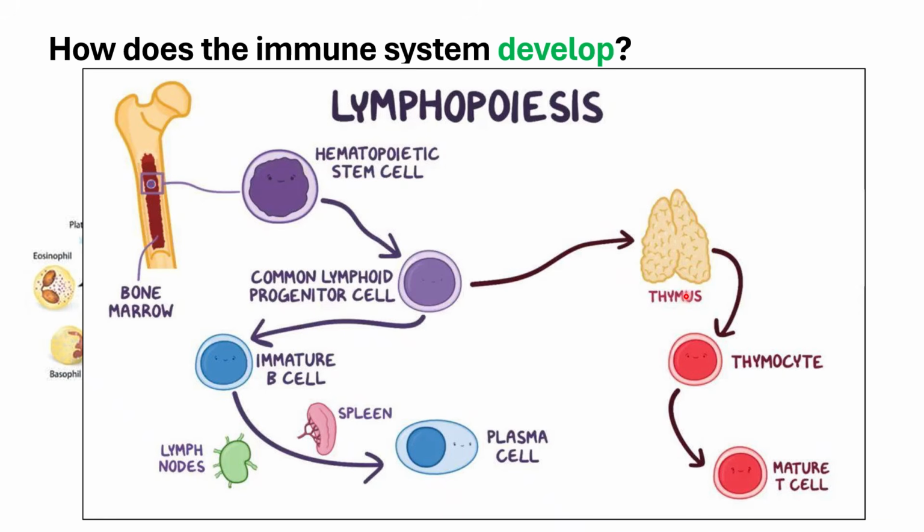So in the thymus, they will be thymocytes, and these thymocytes, once they have been primed to detect the non-self only, will become your mature T cells. And these mature T cells will then travel to other sentinel areas, filtration areas such as your spleen, your lymph nodes, and your other associated lymphatic tissues throughout the body.